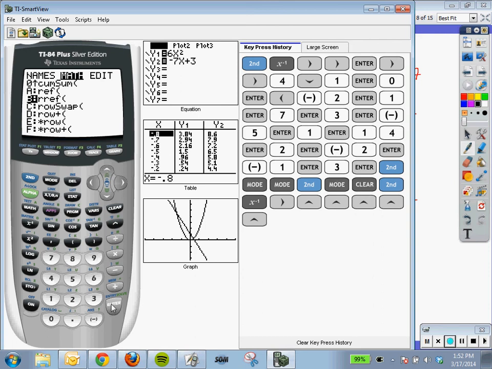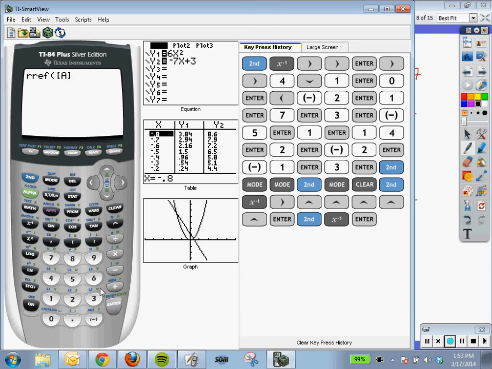So we click on that, and that sends that function to the blank screen. And then from here, we need to do the second matrix, and then click on number 1A for the name. That sends matrix A to the blank screen. Close the parenthesis, click enter, and it makes the reduced row echelon form out of your augmented matrix. So solve for x, y, and z pretty darn easily, right?